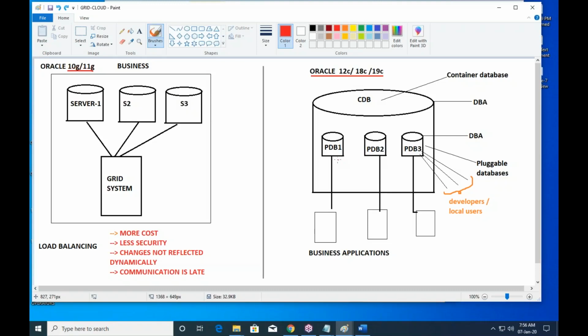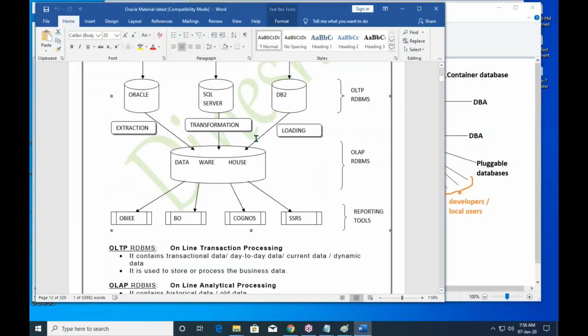And one more thing. Here you have branch level data. And here you have old data. Remember, here you have old data. Means this area is OLAP and this area is OLTP. Actually, to maintain current data, we have to maintain separate OLTP databases. To maintain old data, we should maintain a separate data warehouse system.